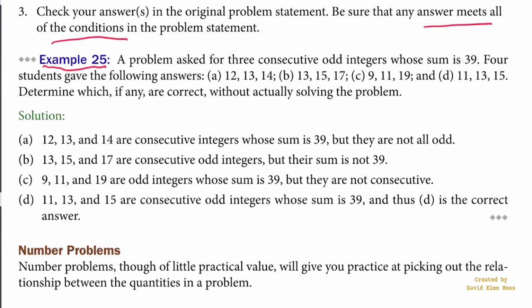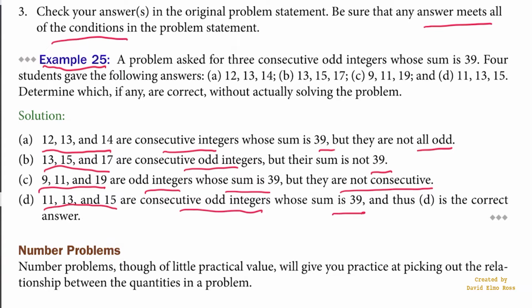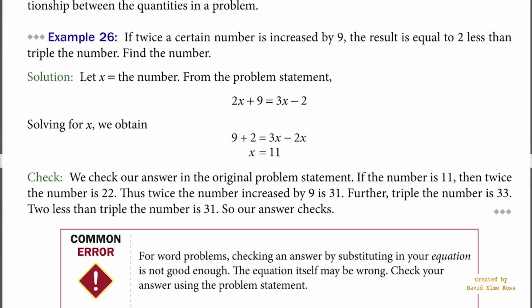Now we can see here, if we look at this possible solution, 12, 13, and 14 are consecutive integers whose sum is 39, but they're not all odd. 13, 15, and 17 are all consecutive odd integers, but their sum is not 39. 9, 11, and 19 are odd integers whose sum is 39, but they're not consecutive. So 11, 13, and 15 are consecutive odd integers whose sum is 39, and therefore D would be the proper response.